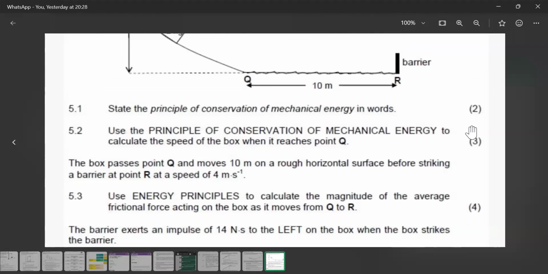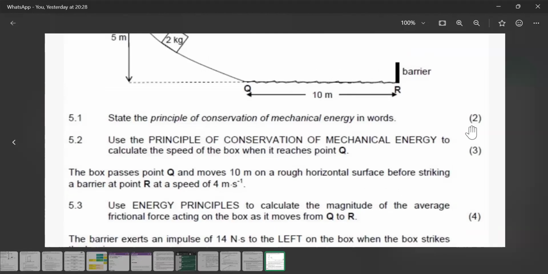Listen to that. Now they tell us the velocity at the point R, which is the final velocity, the velocity with which the box strikes the barrier. If you take it to vertical projectile motion, they used to say calculate the velocity with which the ball strikes the ground or hits the ground.